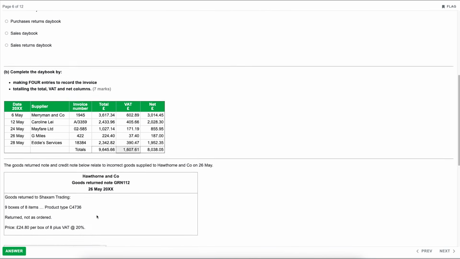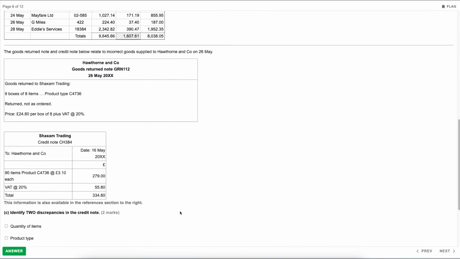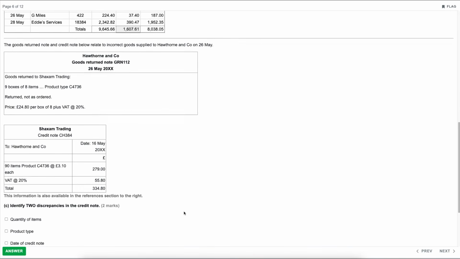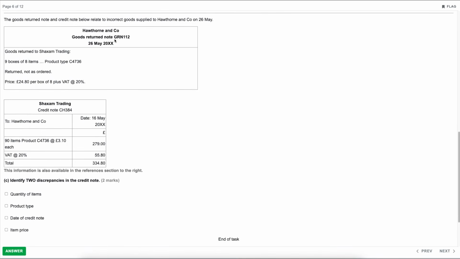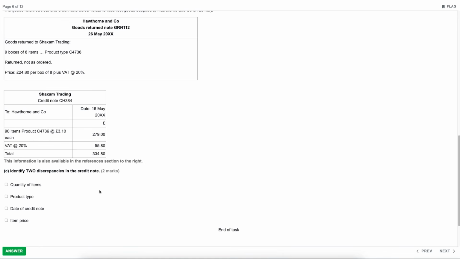So moving down then, it states the goods return note and credit note below relate to the incorrect goods supplied to Hawthorne & Co. on the 26th of May. So we can see here we've got the goods return note and we've got the credit note. It then states for part C, identify two discrepancies in the credit note.